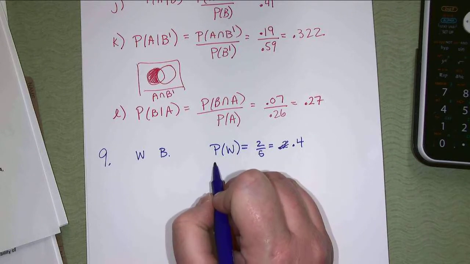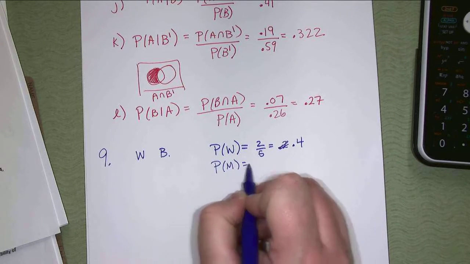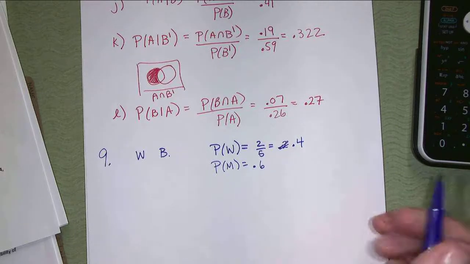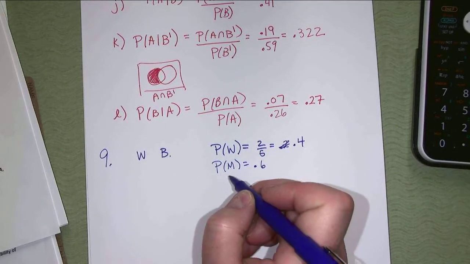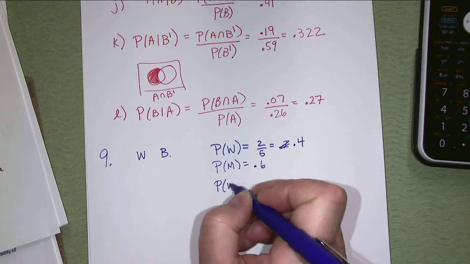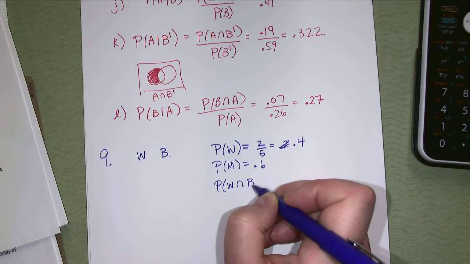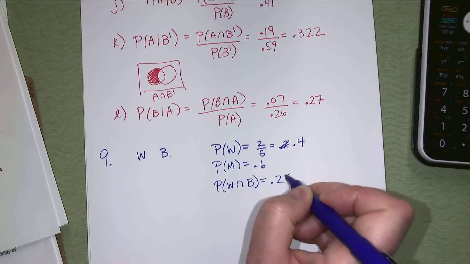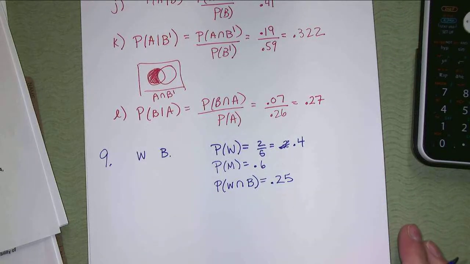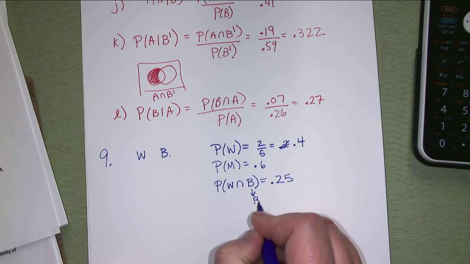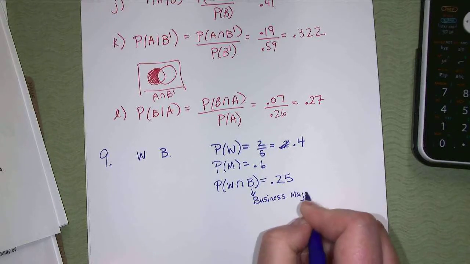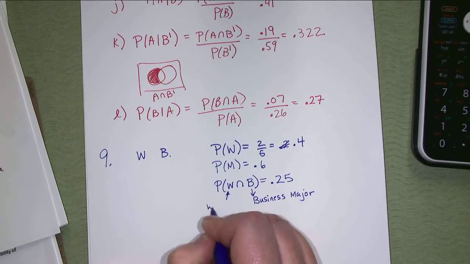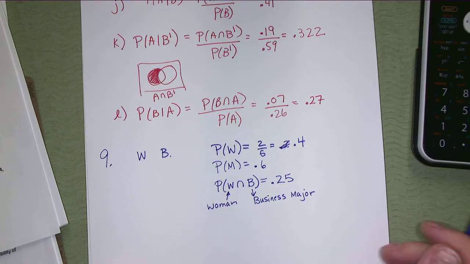And the probability that you're a man would be what? 0.6. And then what's the other number they give? A woman and a business major is 0.25. Right?